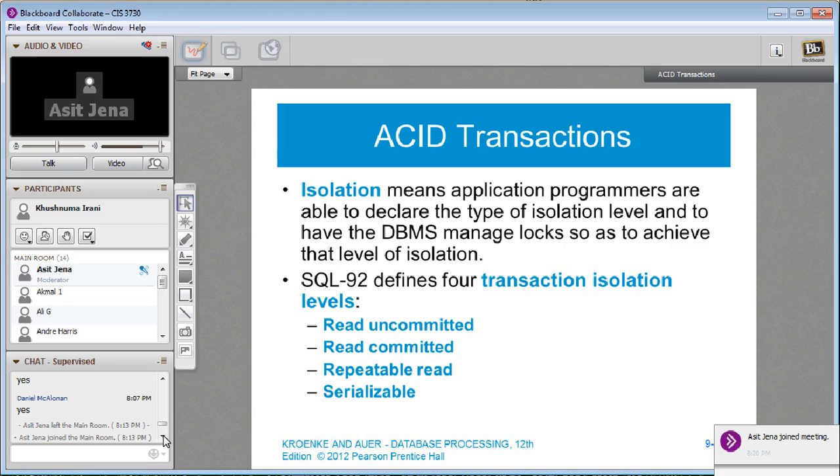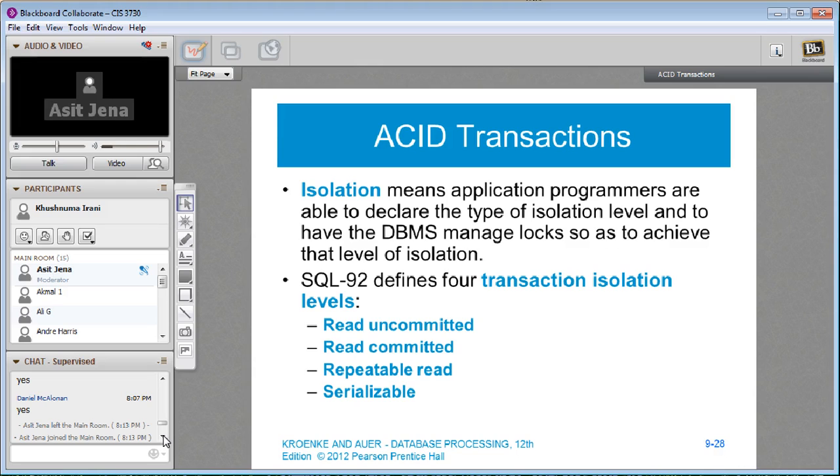So if you look at page 332, it gives you an idea of what the isolation level means. That basically means that you should not be reading data which is uncommitted. You can set up what to do if there is data in the database that is uncommitted, because there is a concept of commit and rollback in SQL Server.